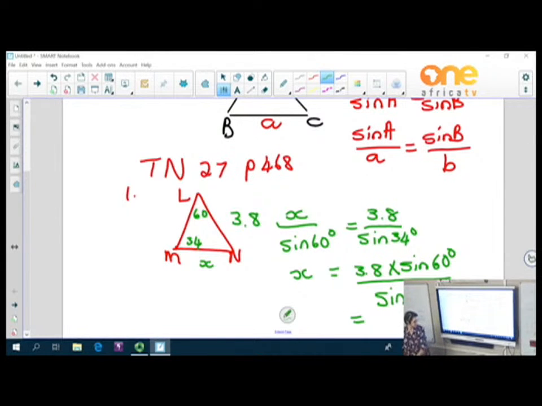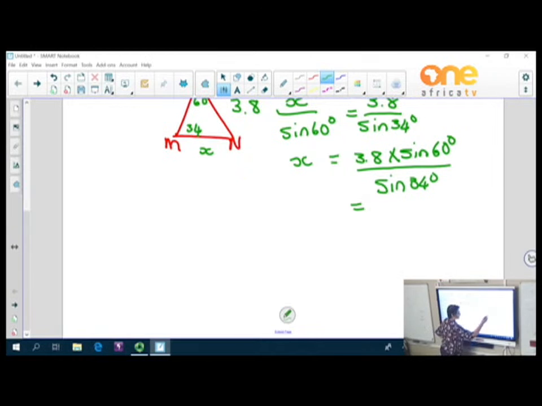And that's then just the calculation that we're going to do on our calculators. So 3.8 times sine 60 degrees divided by sine 34, and I got 5.885. It's also important that we will look at the rounding.